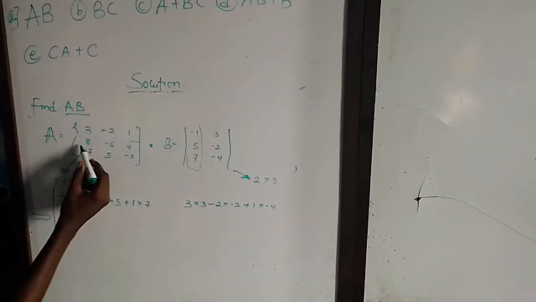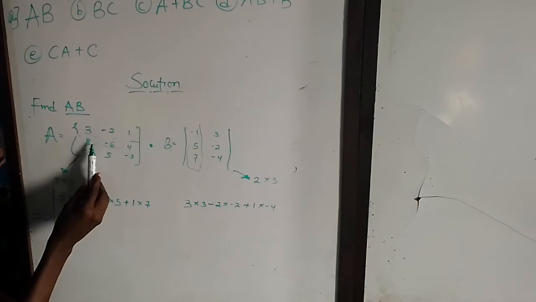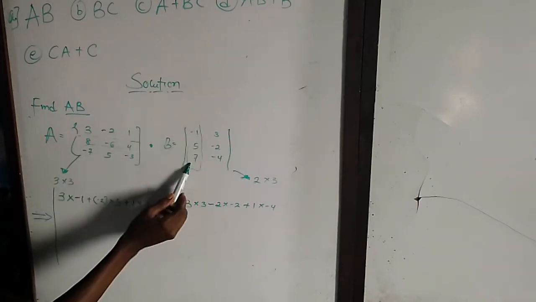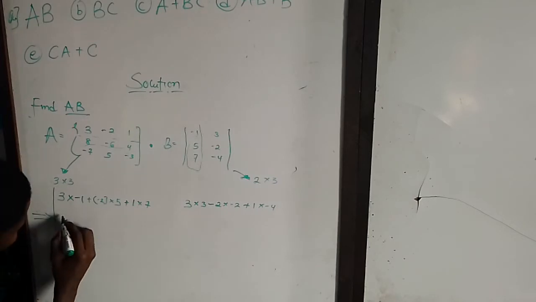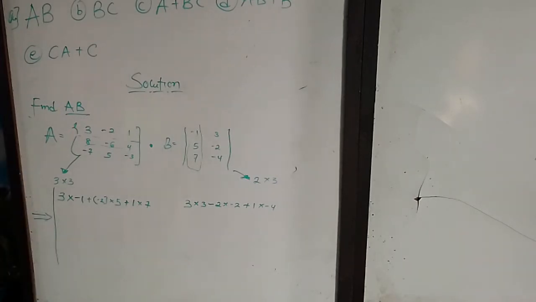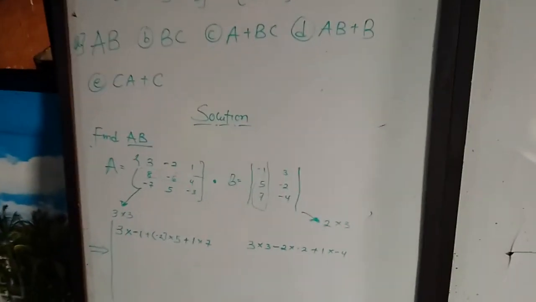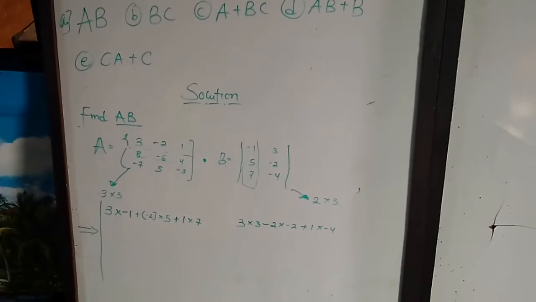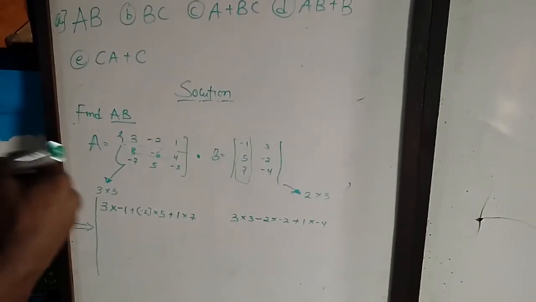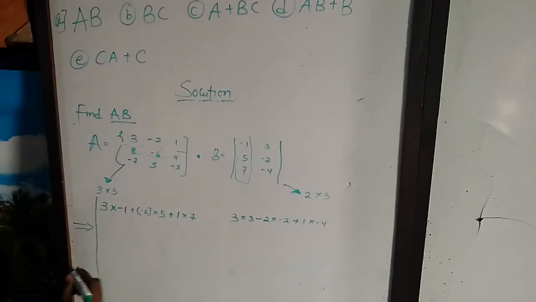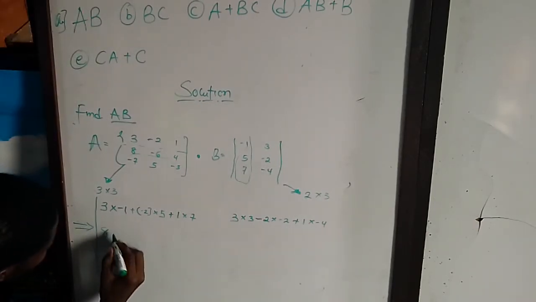So we'll solve for this or for this. So let's take the second part again. So we are going to times this row with this column and this column. Do you understand? So we are going to have 8 times minus 1.